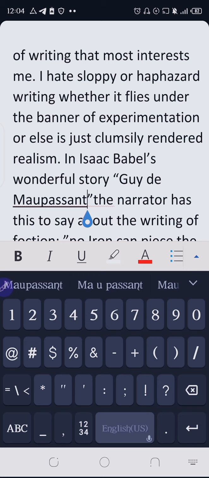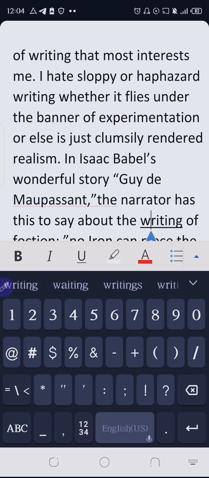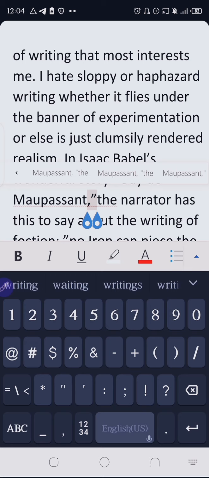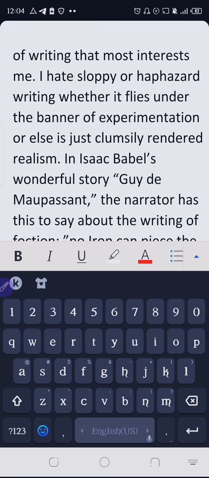Okay, so we have taken out the comma and we are fixing the comma in here. Got the more percent, and now let us put a space between the closing quotation mark and the 'the' there. So, Guy de Maupassant, comma, in quotes.